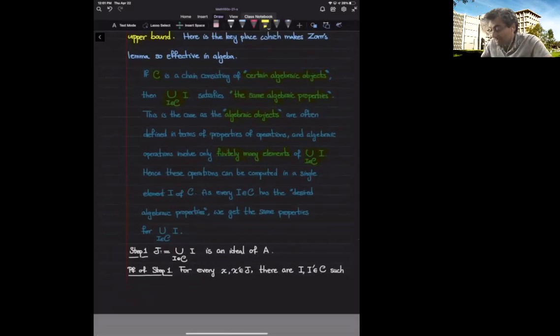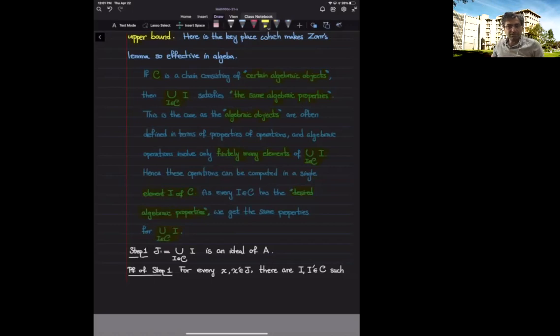So that means I have to check whether or not these equations are satisfied in a single element of this chain. But that is the case because every element of this chain does satisfy the desired algebraic operations. So that's why the union should also satisfy it.